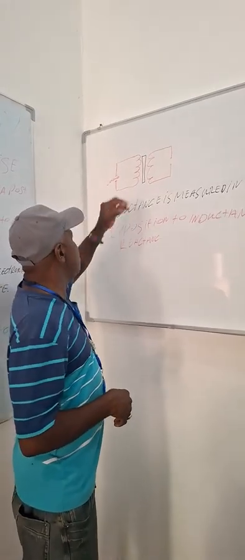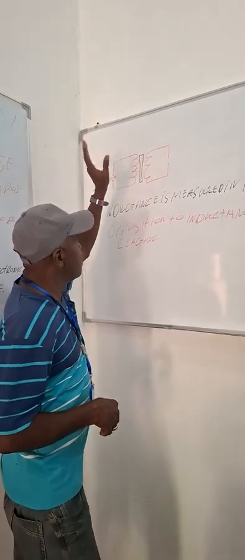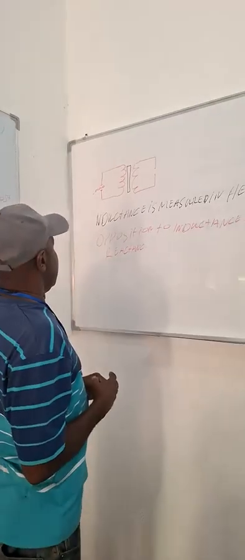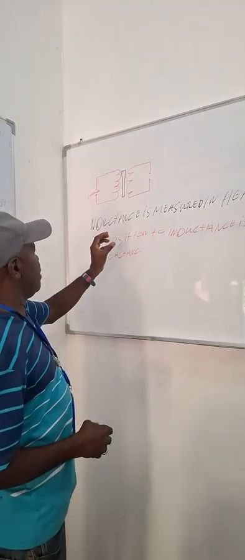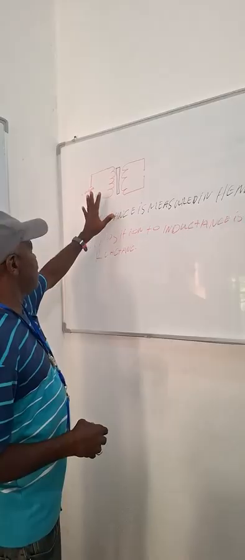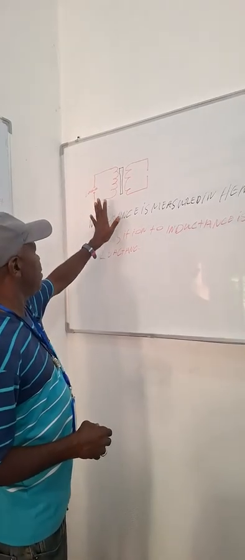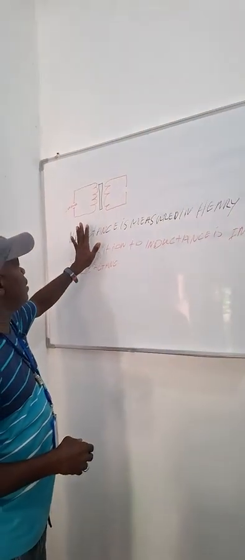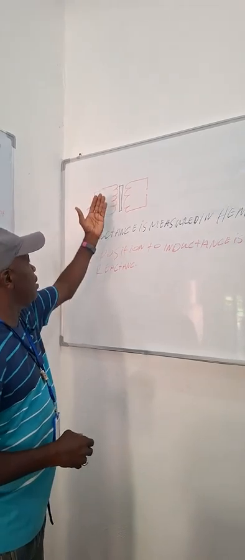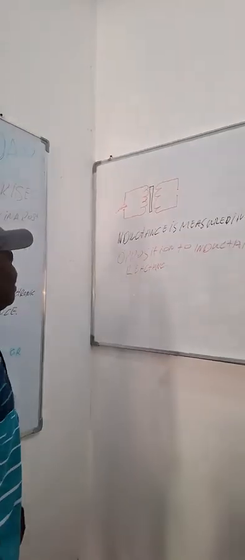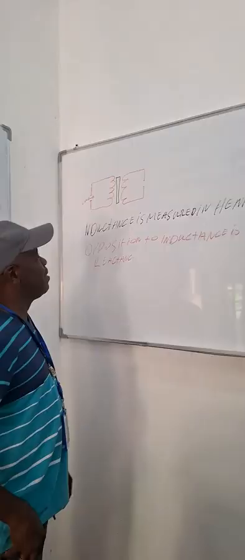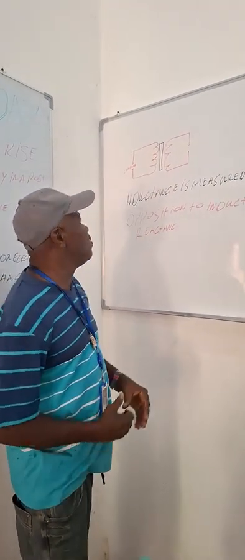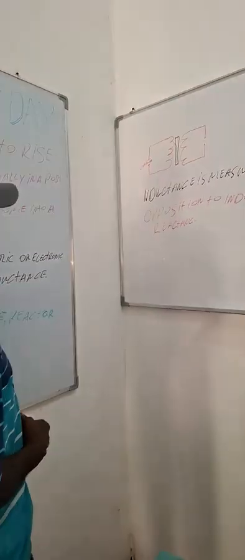So an inductor is wrapped around a metal. You can even use a magnet and oscillate it up and down within the coil, and it produces a voltage, and that voltage in turn is opposite to the one that is producing it.